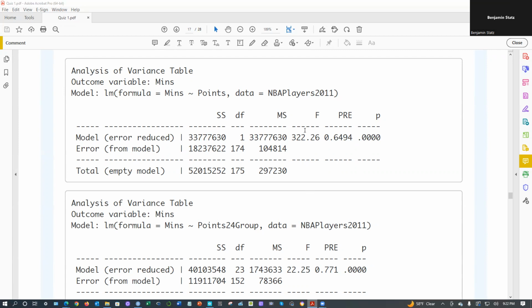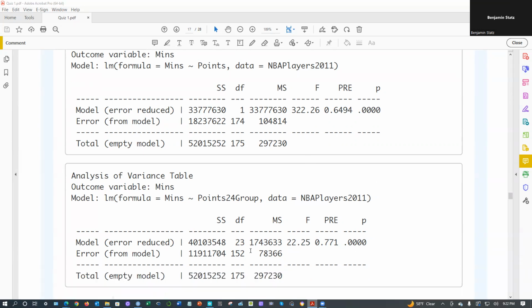With respect to degrees of freedom, because you have added more variables, when you add the 24 groups, you are adding how many indicator variables? You are adding 23 indicator variables. Once you add the 23 indicator variables, that creates a problem. Look at your degrees of freedom: 23 based on the number of regression variables. Here only one.